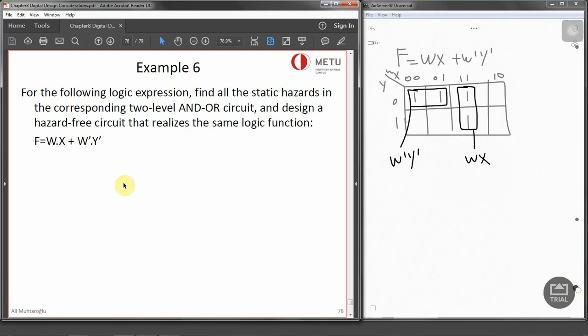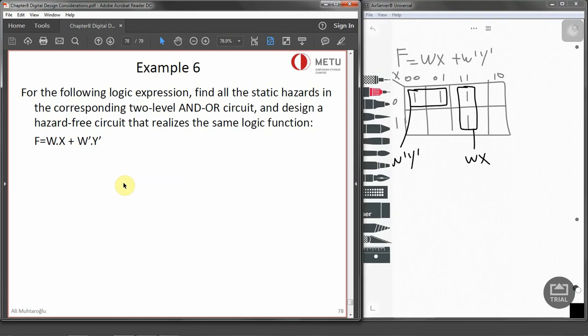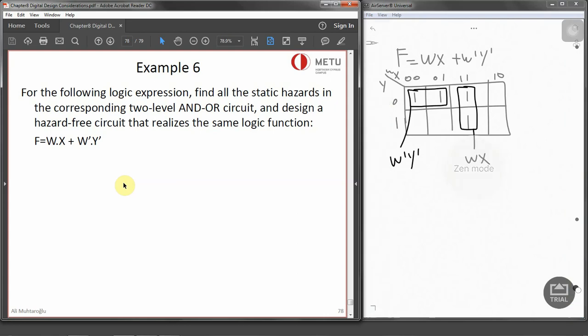To avoid the static hazard, we also need to combine these two. This will give us x y prime. So this will help us eliminate the static hazard in this circuit.